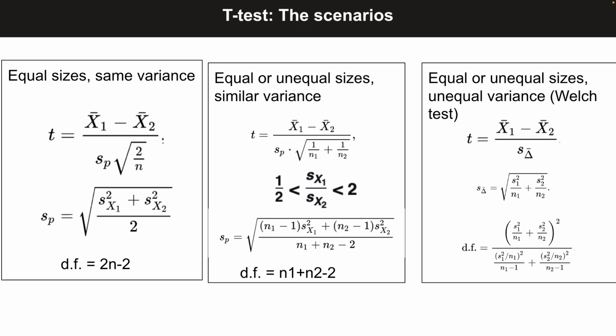Right. So the second one is when you assume equal or unequal sizes but similar variances. Then you apply n1 minus 1, which is what I wrote initially: n1 minus 1 sx squared plus n2 minus 1, divided by n1 plus n2 minus 2.